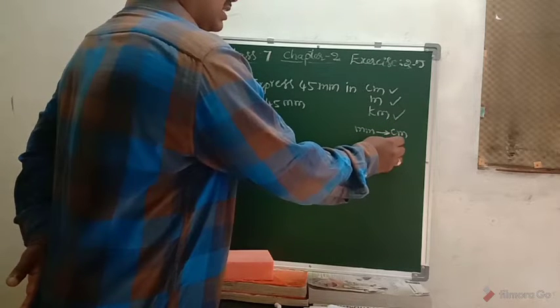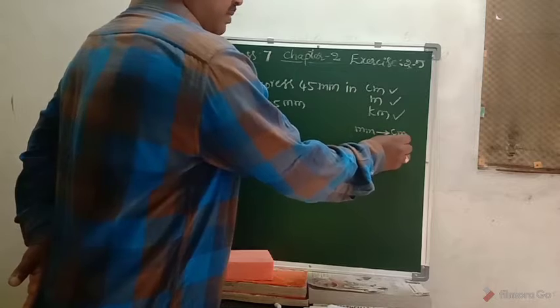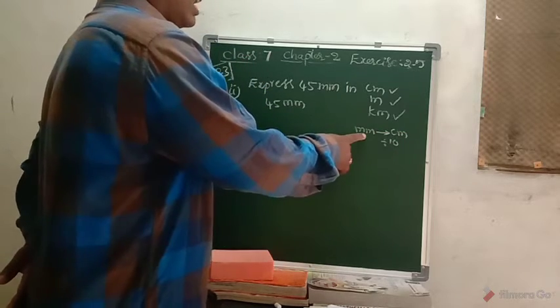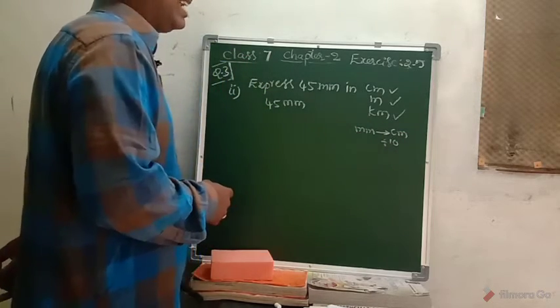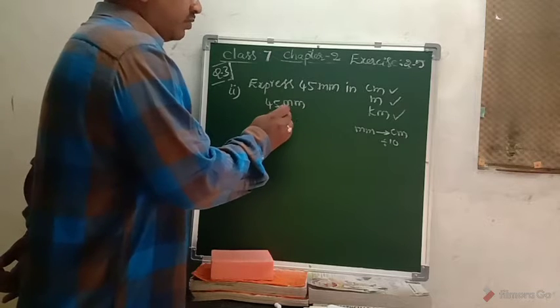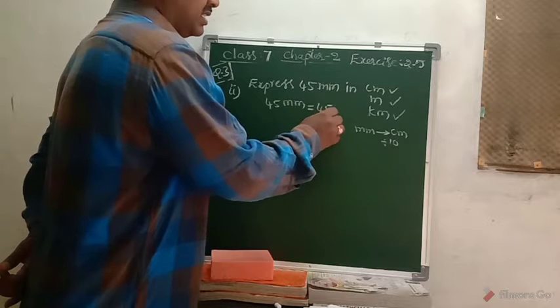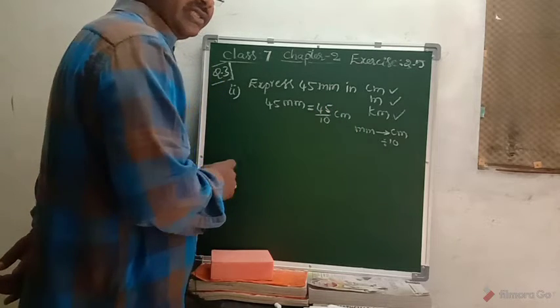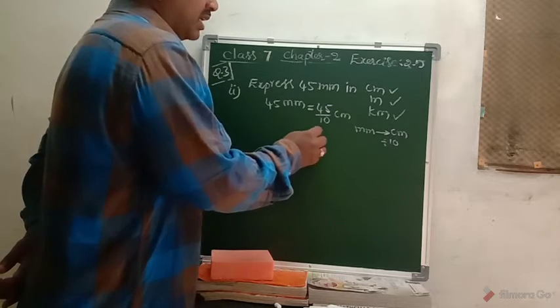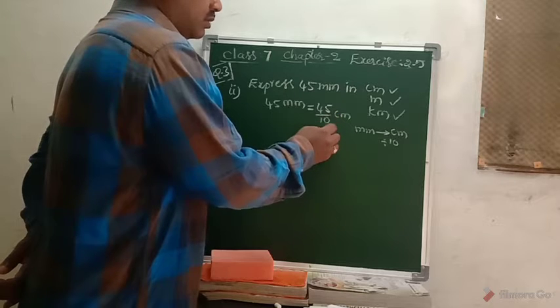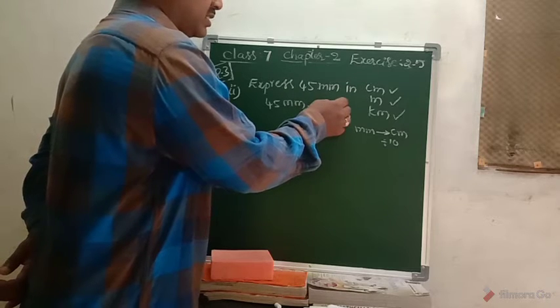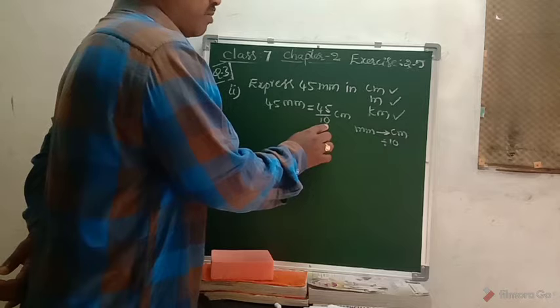Divided by 10. Why? Because 10 millimeters makes 1 centimeter. Now we just divide: 45 by 10 centimeters. To write it in decimal, we put the decimal from the right, as many places as there are zeros in the denominator.